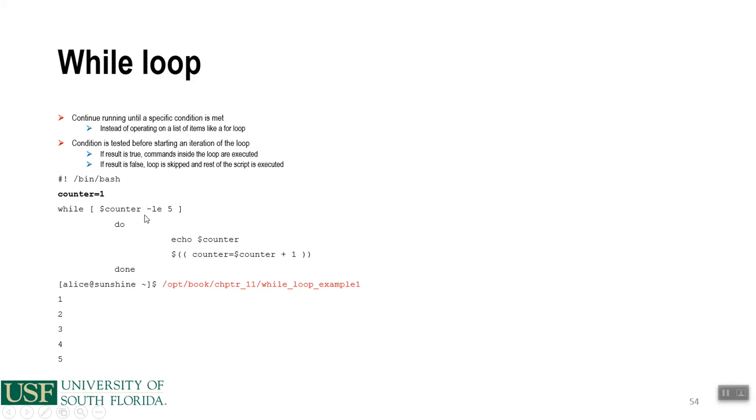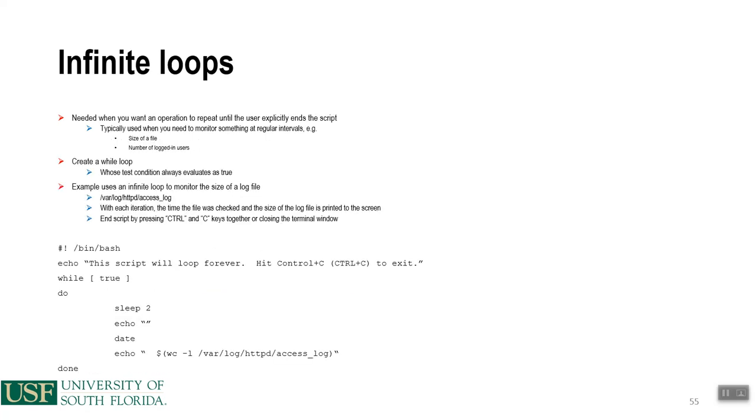So while the value of counter is less than 5, go ahead and run this loop. The output is going to look something like this, and you can again set the counter to be a variable, and you can call that from outside with user input and so on.